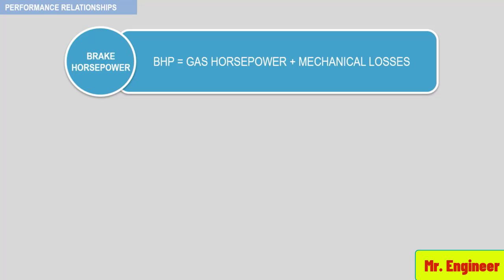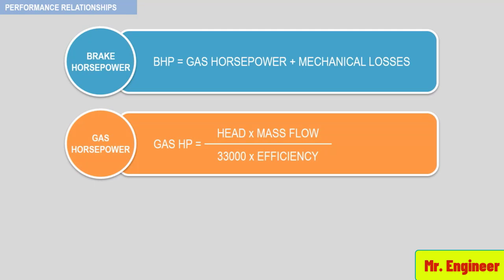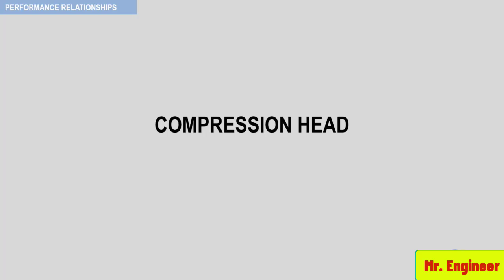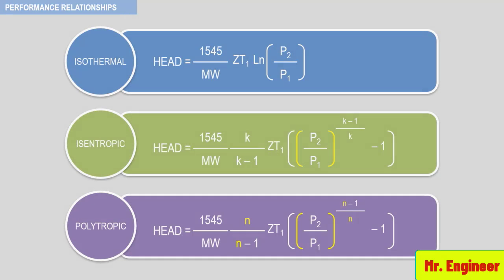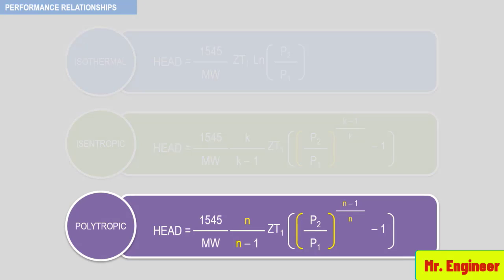The gas horsepower is calculated by multiplying the compressor head by the mass flow, then dividing it by 33,000 times the efficiency. This is, for reminder, the ideal gas head equations for isothermal, isentropic or adiabatic, and polytropic. Recall, as discussed previously, that polytropic head is the usual choice among compressor vendors.